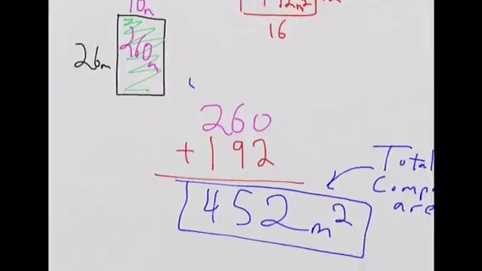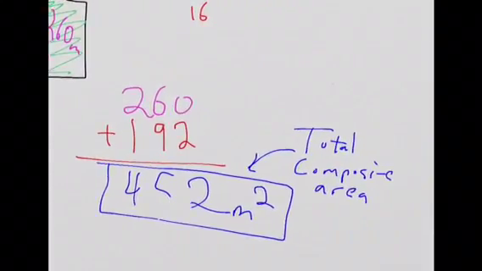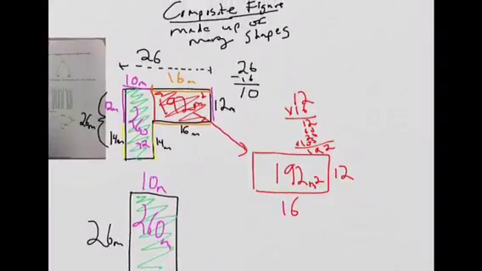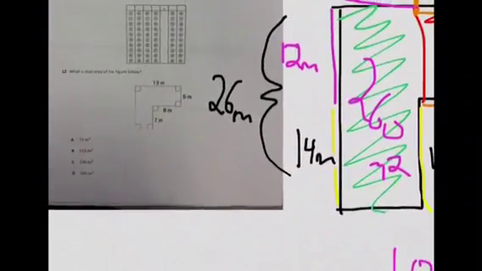Add the two components together, and I get 452 meters squared. Hopefully this will model how to do this problem right here. Thank you very much.